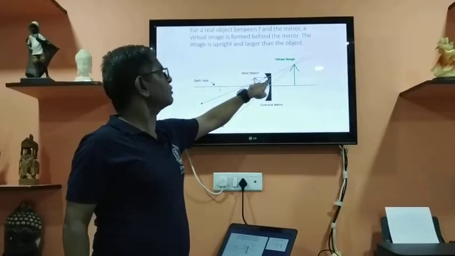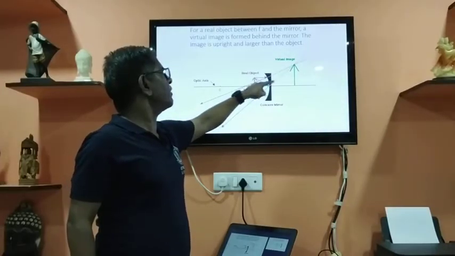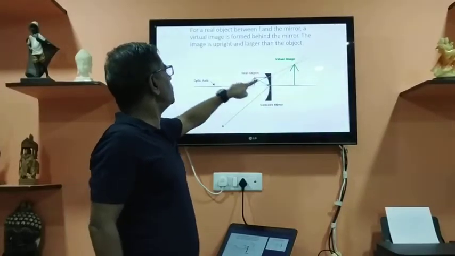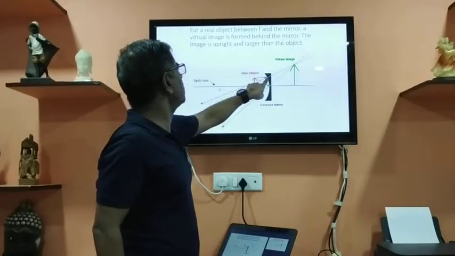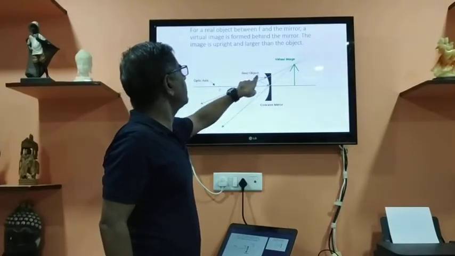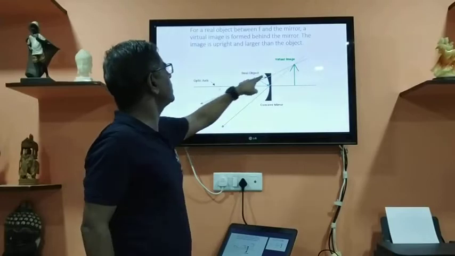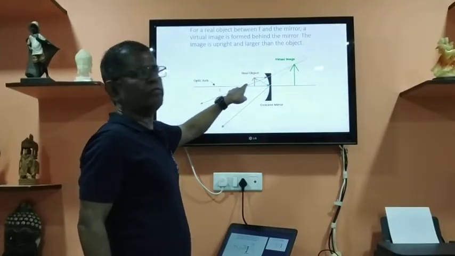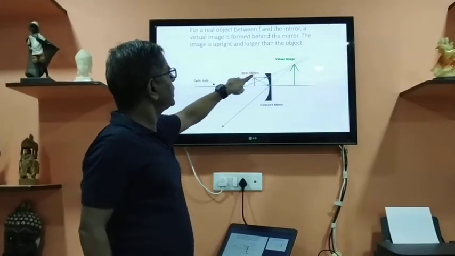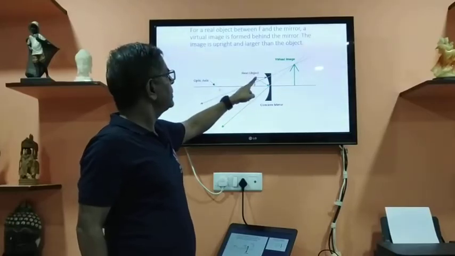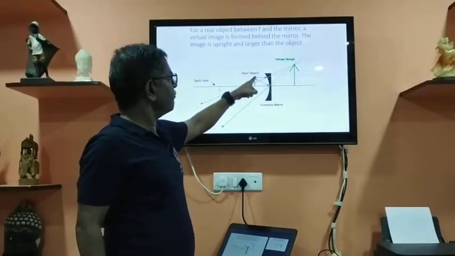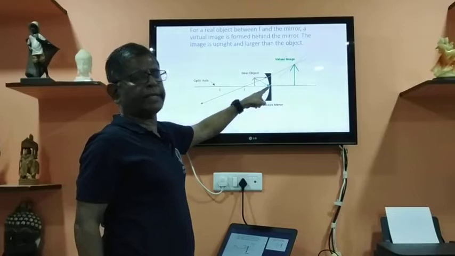Draw a line parallel to the principal axis. After the reflection, that is rule number 1, it will pass through the focal point. So join this point with the focal point. The other is you can apply rule number 4. Draw a line from this point to the principal axis.